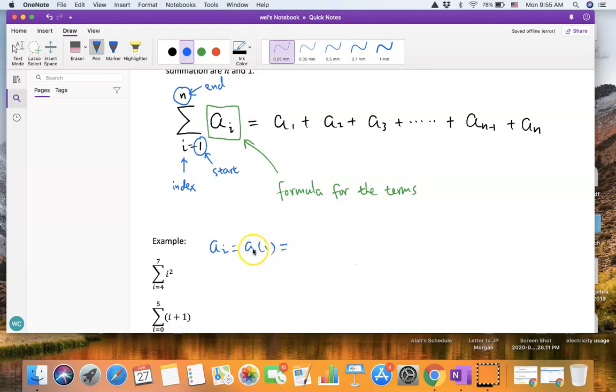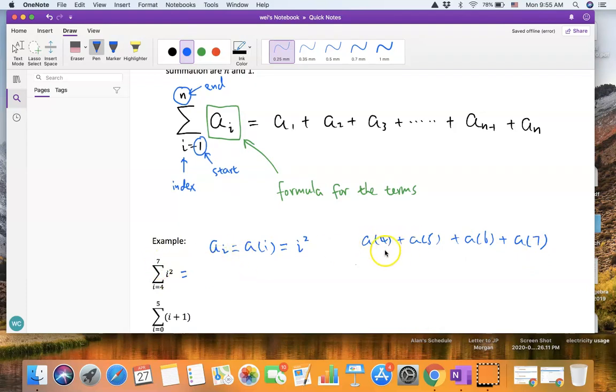The equation of this function is a sub i equals i squared. Now remember, since i starts at 4, the first input value we're going to use is 4 and not 1. So the first term is a of 4, plus a of 5, plus a of 6, plus a of 7. We stop here because 7 is the last input value.